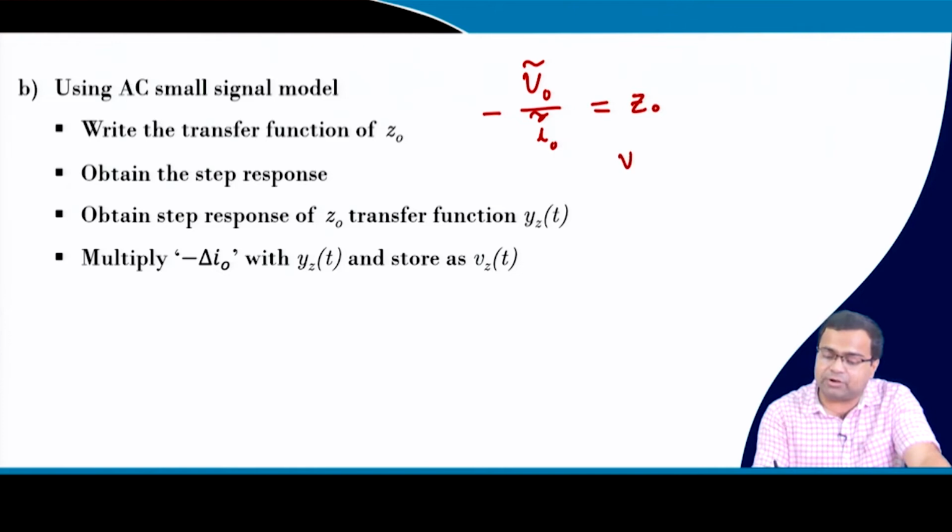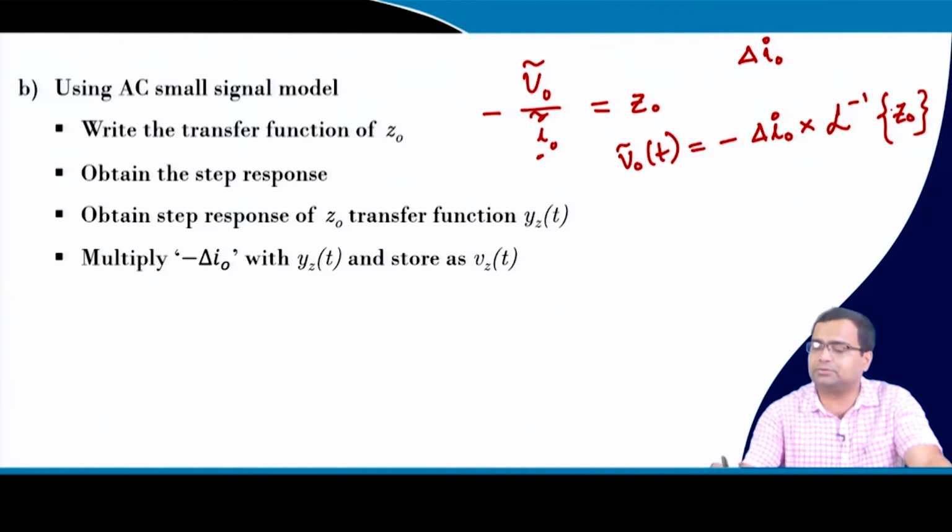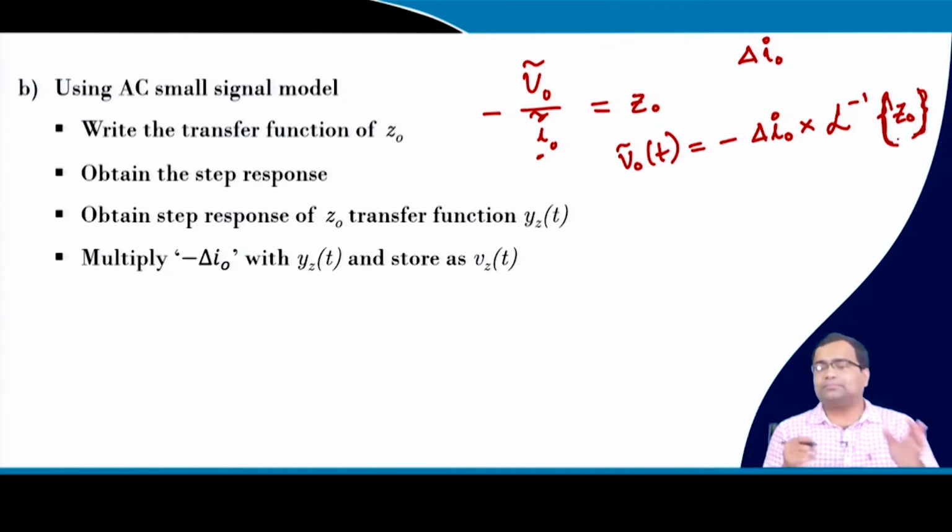So, if we want to write delta V0 t, suppose we apply a load step of delta I0. Then it should be minus delta I0, which is the step size, into the Laplace inverse of Z0. That means whatever we get, we take the inverse Laplace, because we need the step response.